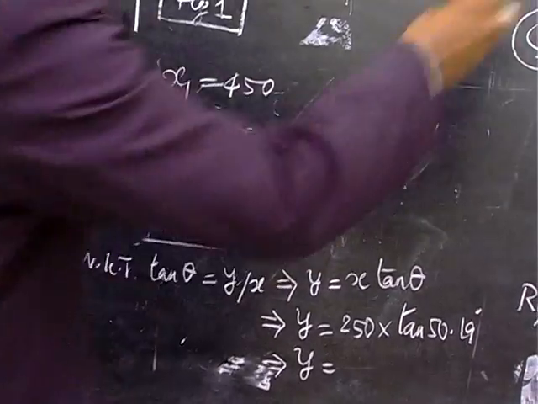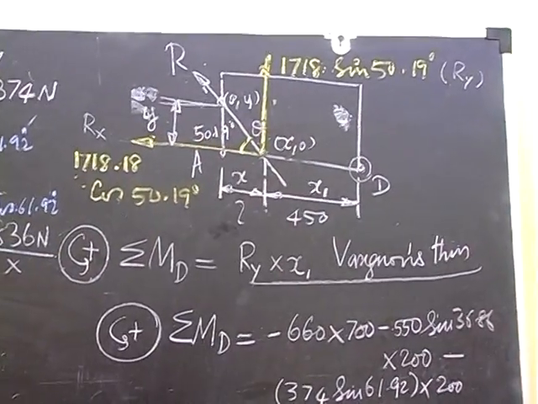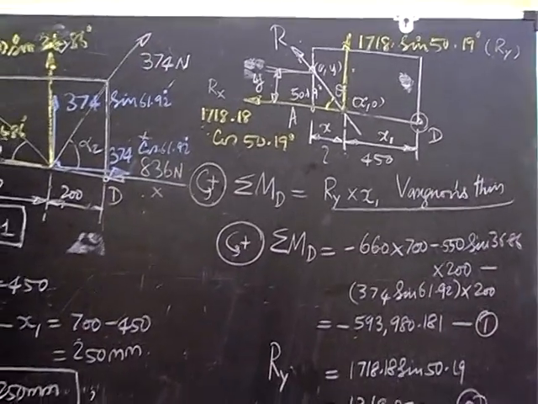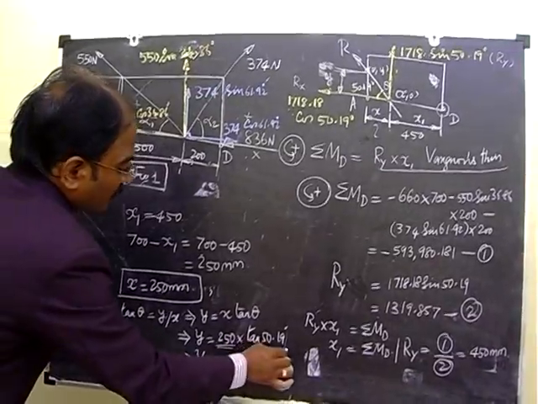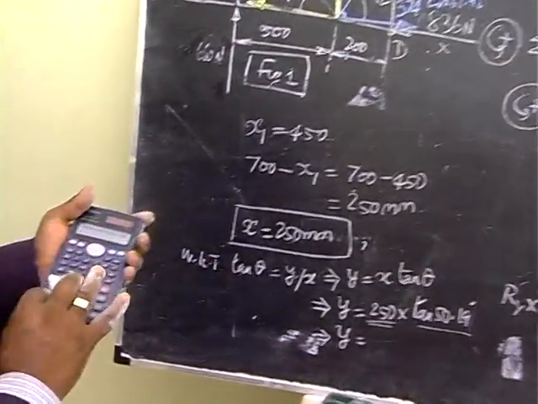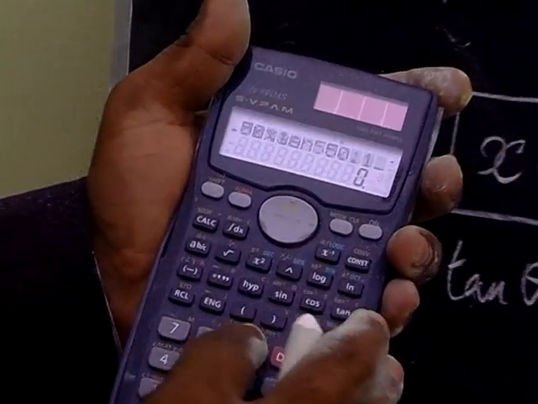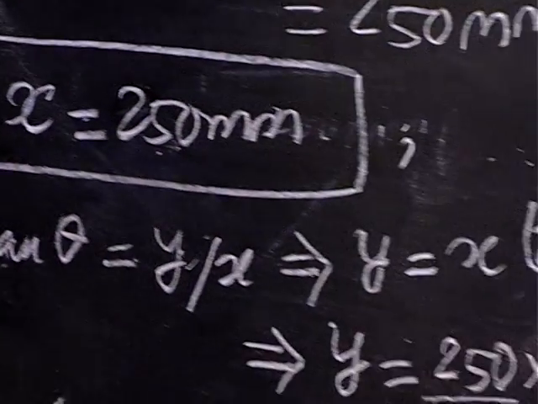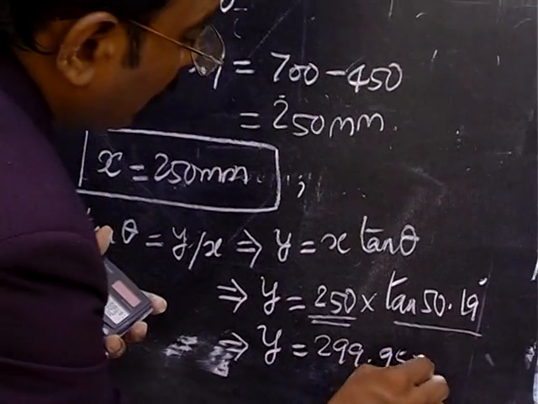So already we know that tan theta is y by x. Therefore y is equal to x tan theta. X is taken as 250. Theta is 50.19. So therefore we get 250 multiplied by tan of 50.19 as 299.952 mm.